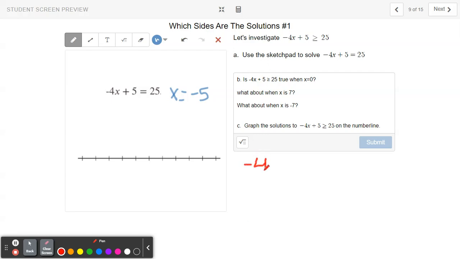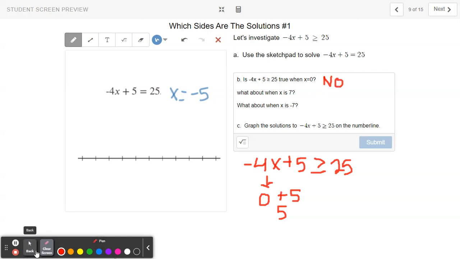If we put a 0 in for x, that makes this 0, because negative 4 times 0 is 0, and 0 plus 5 is just 5, right? So is 5 greater than or equal to 25? No. So does this work? No, it does not work with 0.